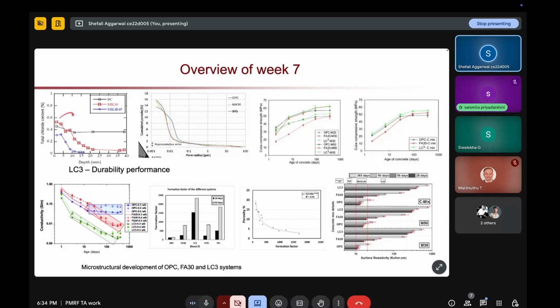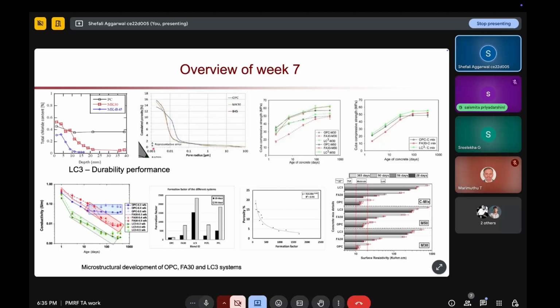So this is our diffusion coefficient graph, the calculation of diffusion coefficient. So for chloride content with depth, if you see the slope is very constant, that means there is not much penetration of chlorides to lower depths in the concrete system.